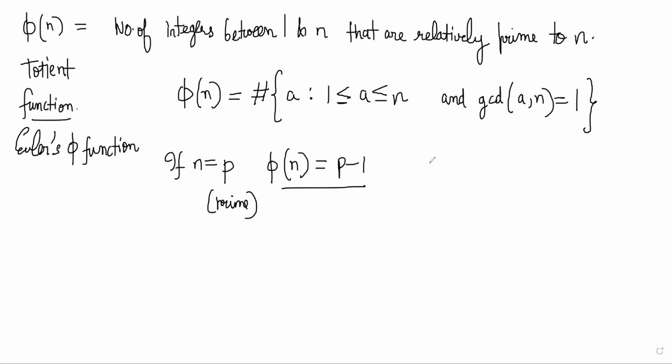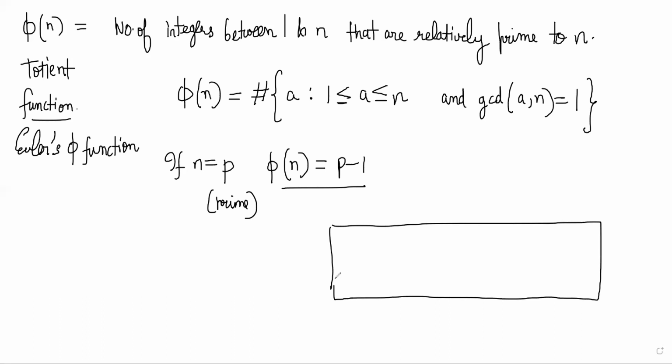Now, let's find out some special cases. Let's make a table here: n is here and phi of n is here. When n is 1, phi of n will be 1.